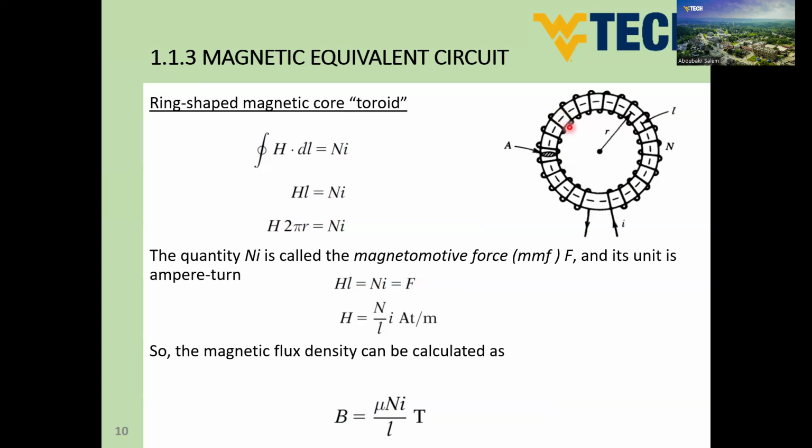Because if you consider the average length here, it would be less than the average length at the outer diameter. So we prefer to get the average length all of the time, which is going to be in the middle. So for that, we will consider the radius of the average length of this path.